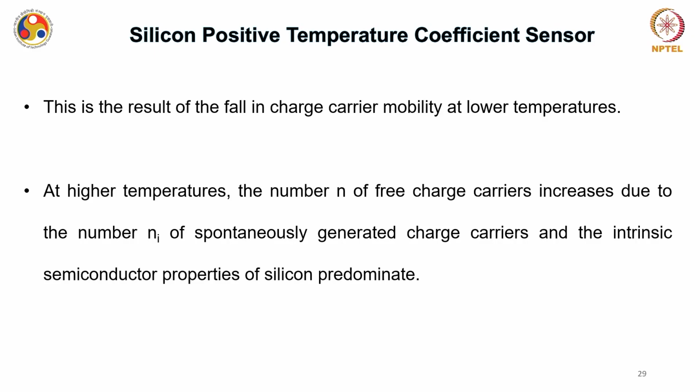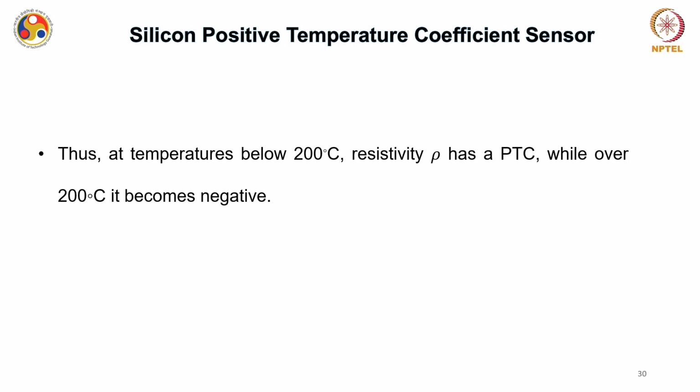However, at higher temperature things change, and the number of free carriers increases due to spontaneously generated charge carriers, and the intrinsic semiconducting properties of silicon again start to dominate. It means you have a window of temperature in which you can utilize this highly n-doped silicon material for RTD, because we have seen that RTDs are PTC devices, or positive temperature coefficient devices.